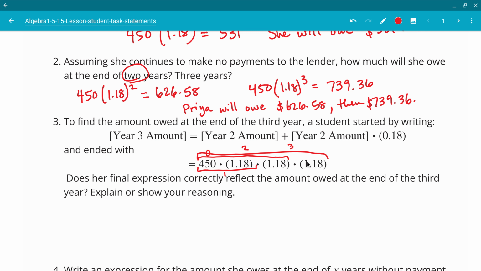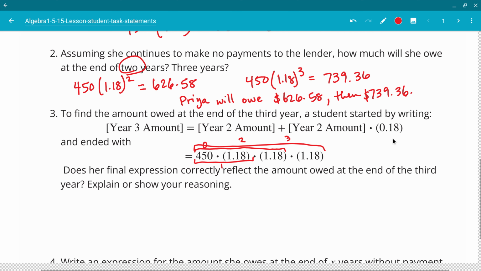Now, how do we get all of this? Well, we can start all the way at the beginning using this structure, an amount plus the amount times 0.18, to show how all the math works. So let's start out with year 0.